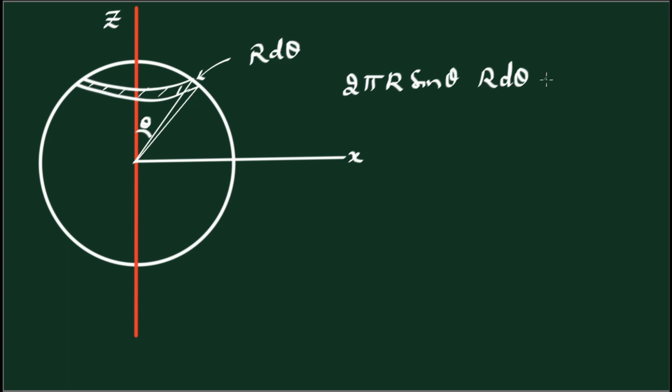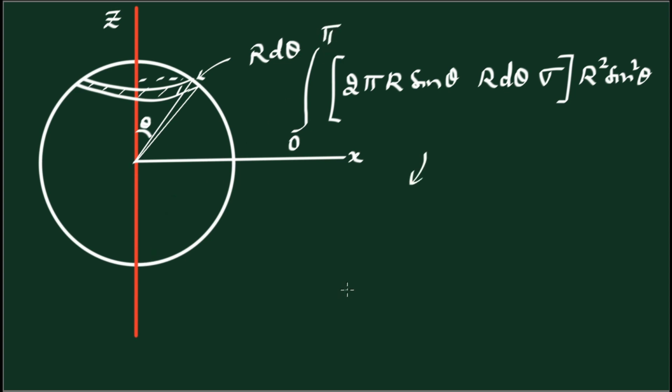So the amount of mass there is out here is times sigma, and this can be treated as a ring, and the moment of inertia of a ring is mass times square of its radius about the central axis. The radius is r sine theta, so r squared sine squared theta. This is the moment of inertia of this ring, and we just have to add the moments of inertia of all the rings, which is we need to integrate this with theta going from 0 all the way down here to pi. First, pause the video and see if you can do the integral.